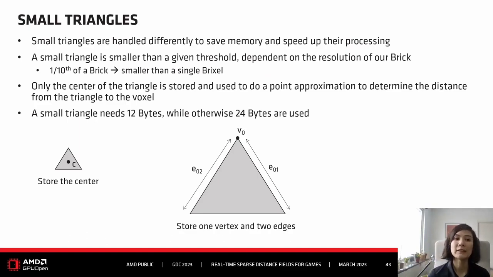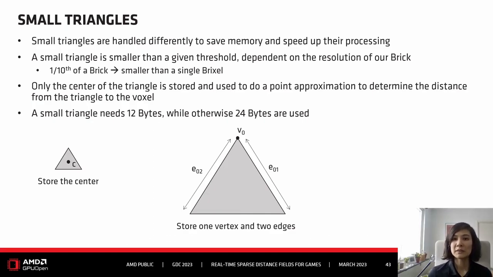Talking about triangles, Pixelizer handles small triangles differently than not small triangles. This is done to save memory and also speed up the processing. We can safely do this because at a certain point, a triangle is so small that being more accurate, you wouldn't be able to see it because of the resolution of the brick.